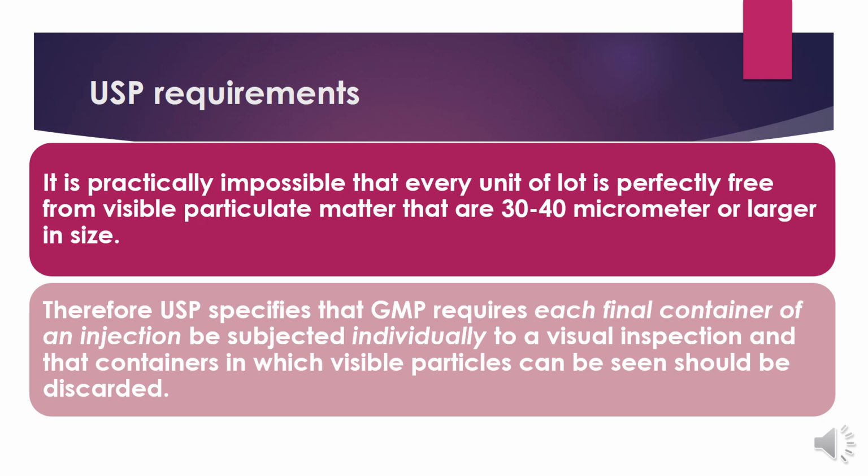Therefore, USP, the United States Pharmacopoeia, specifies that GMP requires each final container of an injection be subjected individually to a visual inspection, and that containers in which visible particles can be seen should be discarded.